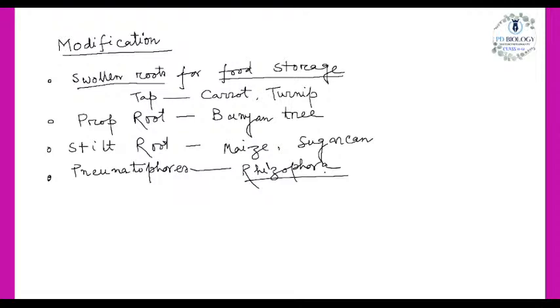Some functions of root, that is absorption of water and minerals from the soil. They provide a proper anchorage to the plant parts. They develop storage of reserve food material and synthesis of plant growth regulators.